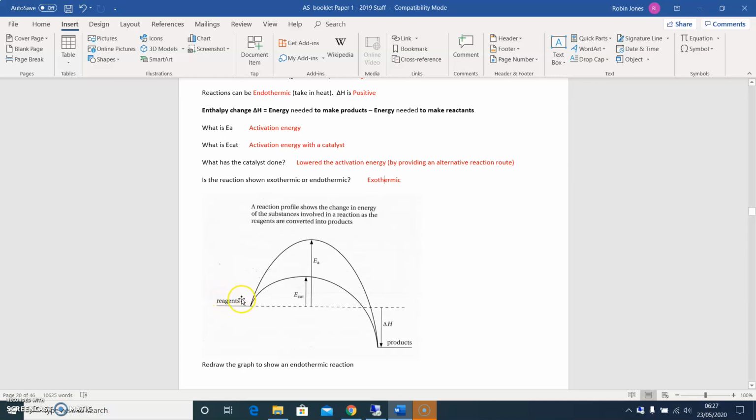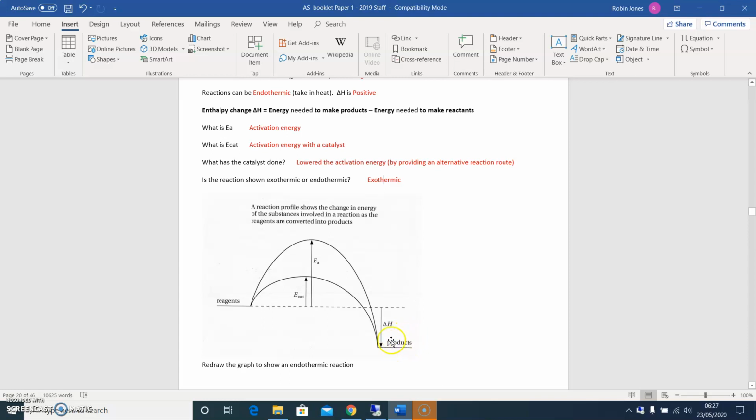Let's say the reactant or the reagent had 100 kilojoules of energy to start with. At the end, the products have got no kilojoules of energy. They're just dust, lying on the floor, no energy at all.